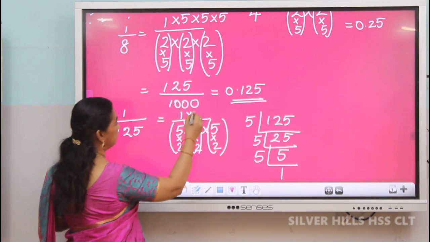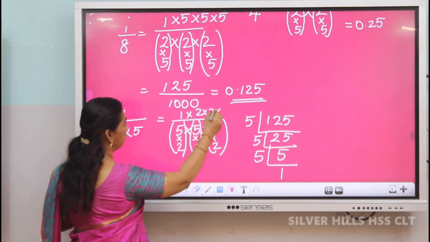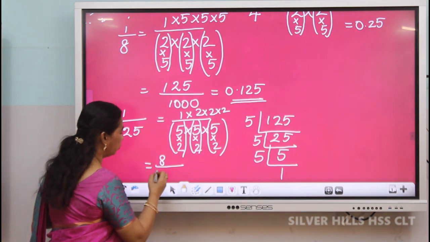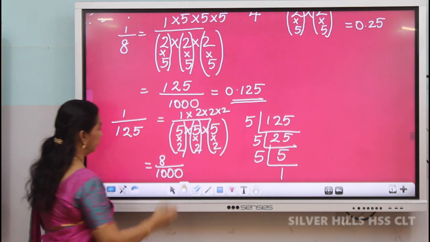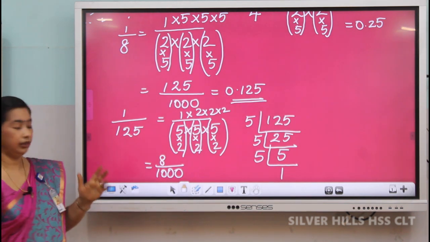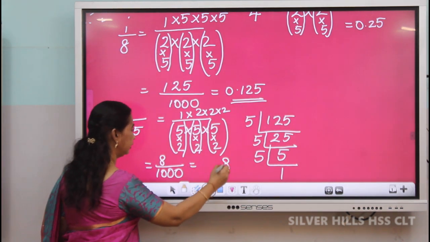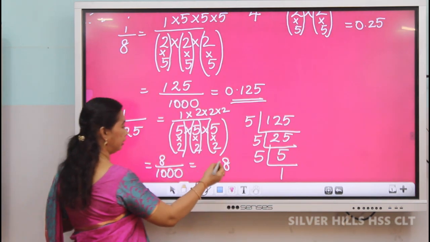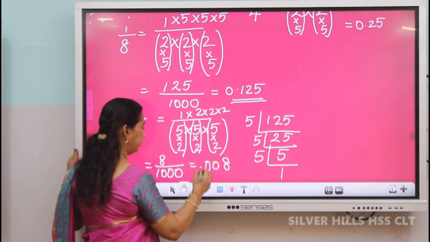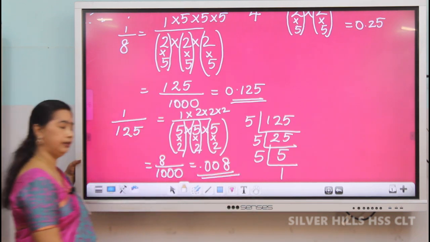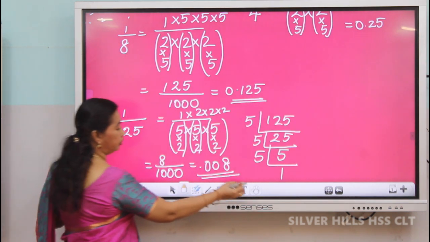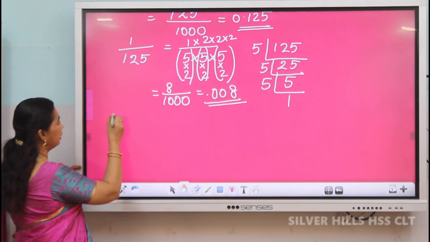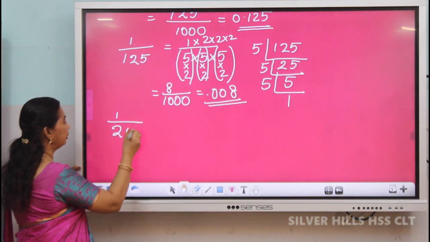So in the numerator it becomes 2 into 2 into 2, and that is equal to 8 by 1000. So what is 8 by 1000? I have to write first that 8, then shift 3 decimal places to the left side so that it becomes 0.008.